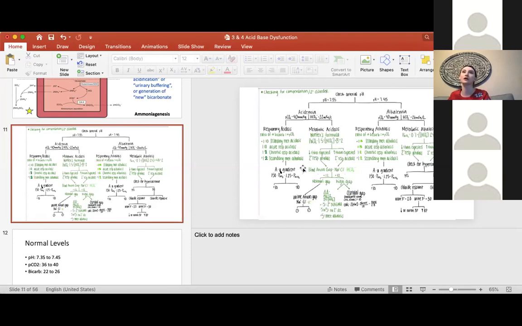Then we're going to do our blood anion gap, so sodium minus chloride minus bicarb. If it is less than 12, it's normal. If it's greater than 12, then it's a high anion gap, a HAGMA. That's what it's also called. Then we're going to do our delta-delta. So that's going to be the change in our anion gap over that change in our bicarb. If we have a normal gap, we're going to do a urine anion gap.